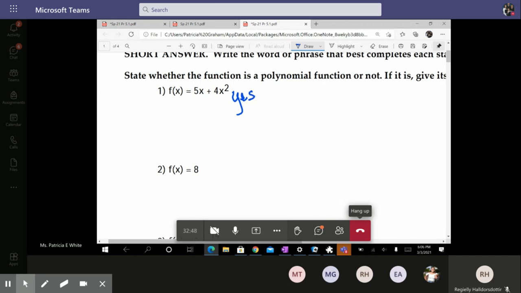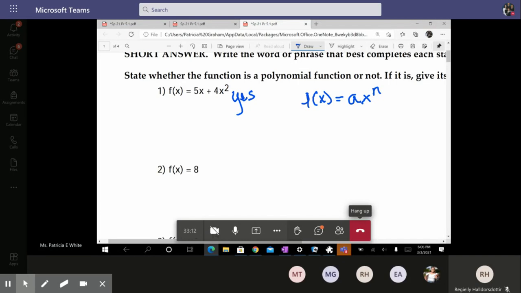Here's the thing, a polynomial is going to be in the form of y or f of x is equal to a times x to the n power. And it might have 3 or 4 terms in descending order, a times x to the n, plus a times x to the n minus 1, right?